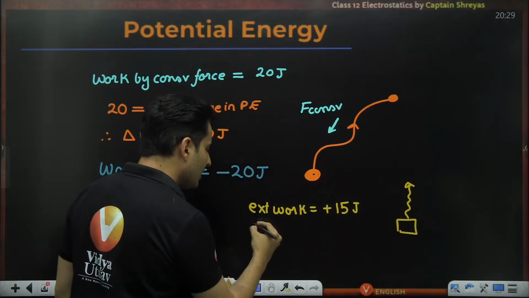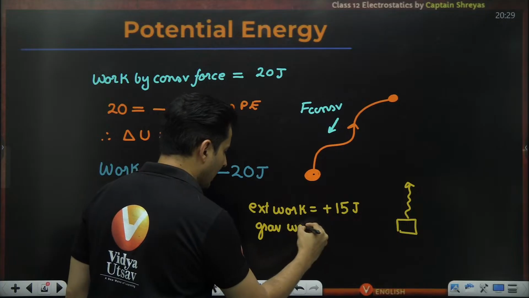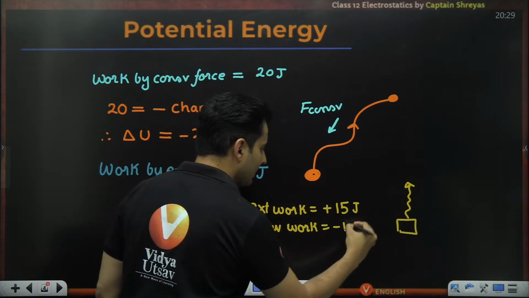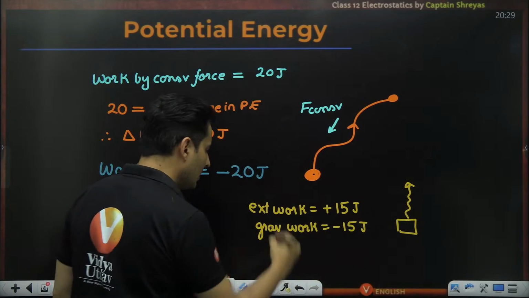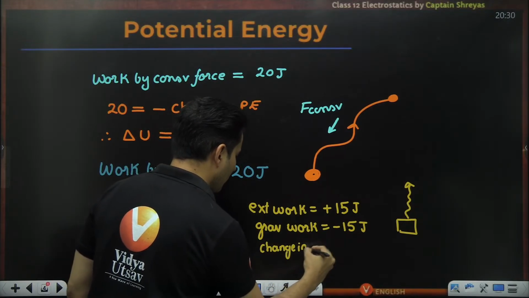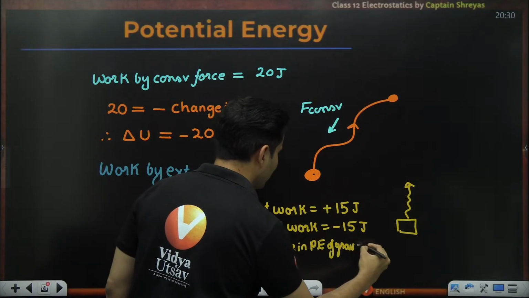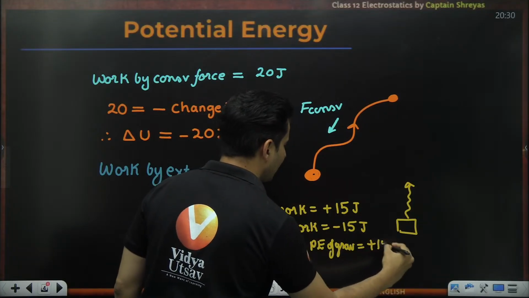So gravity, which is a conservative force, the gravitational work will be exactly negative 15 joules, and the change in gravitational potential energy will be exactly 15 joules.